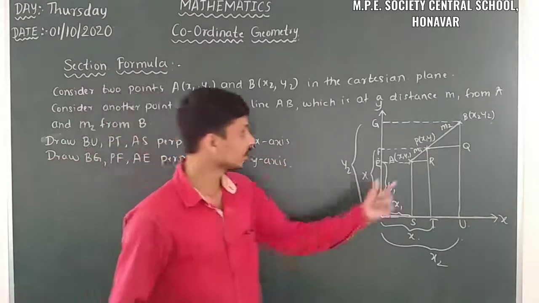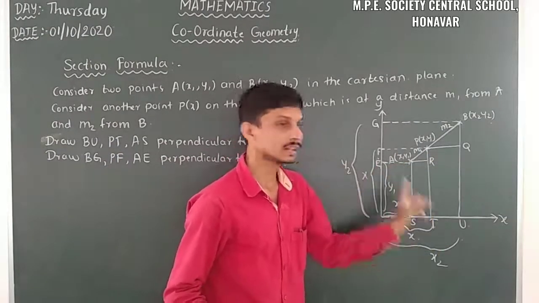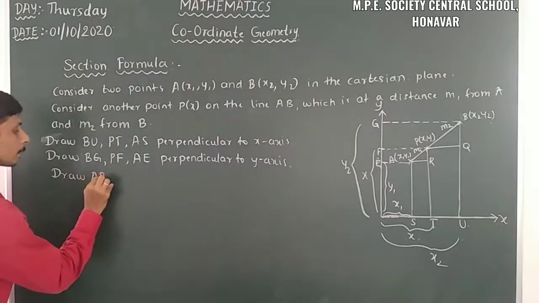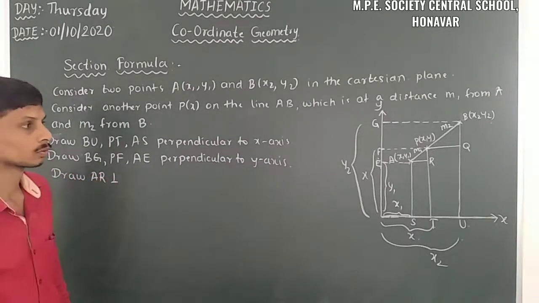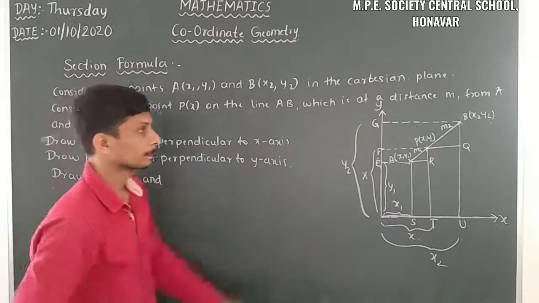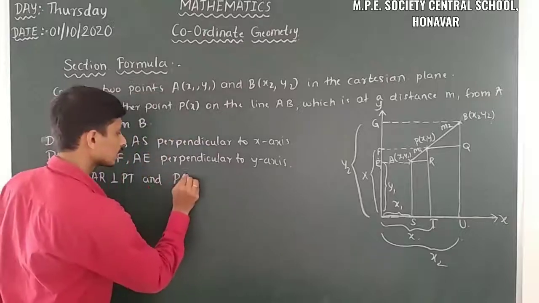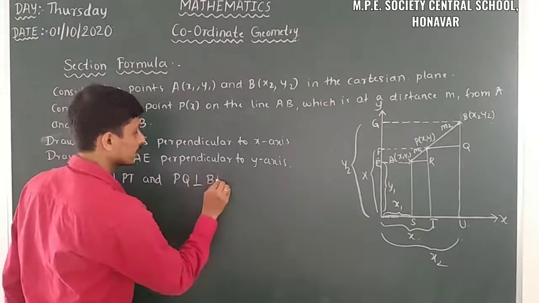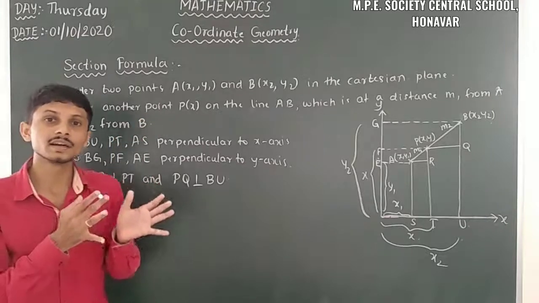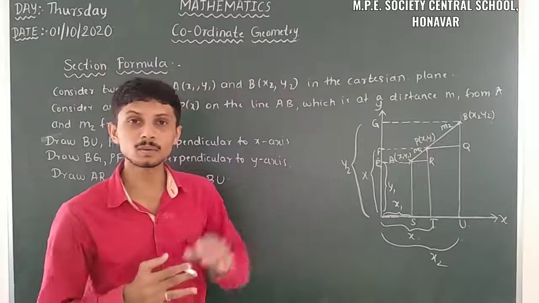Then we draw AR perpendicular to PT, and PQ perpendicular to BU. So firstly we have to write these things. This is the introduction of our derivation of the section formula.